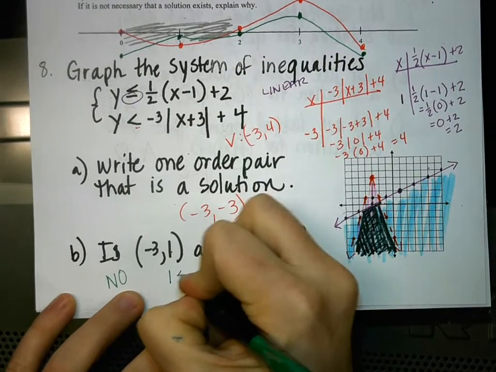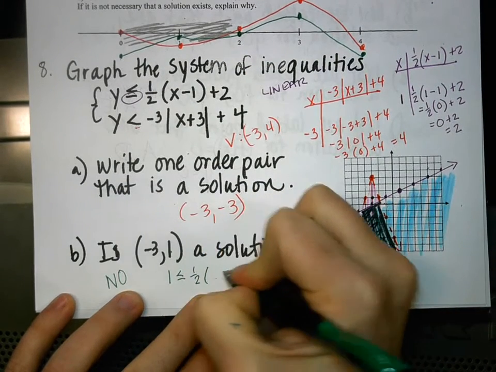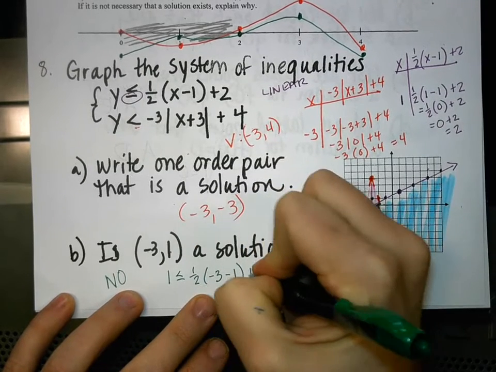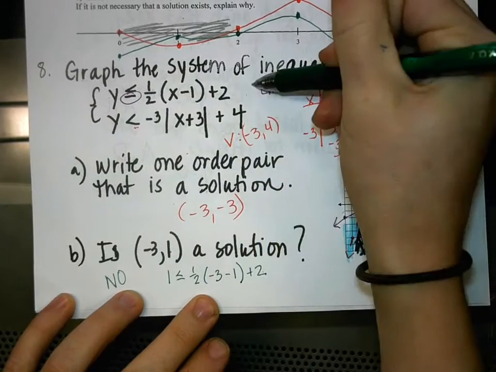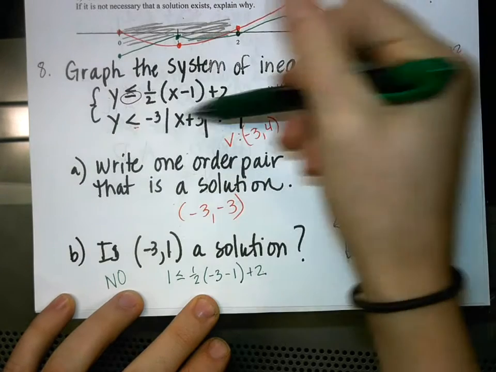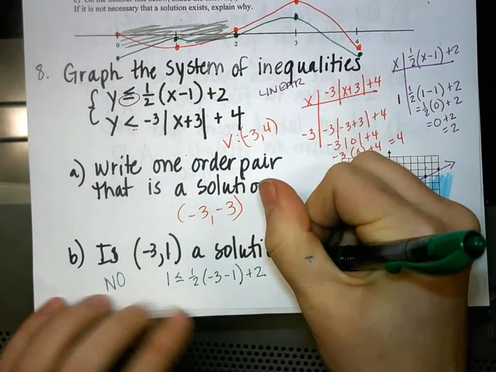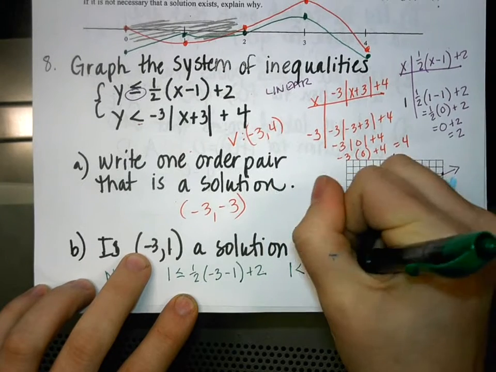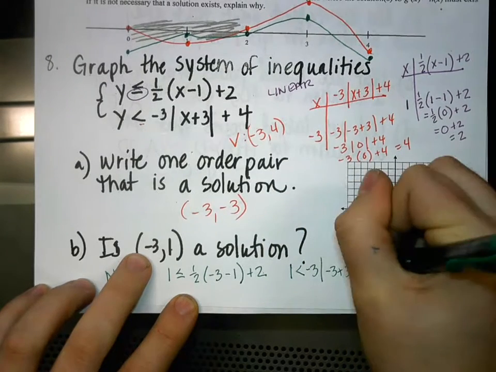So 1 is less than or equal to 1/2 times (-3 minus 1) plus 2. That's the first equation. You're also going to plug that into the second equation. So 1 is less than -3 times |-3 + 3| plus 4.